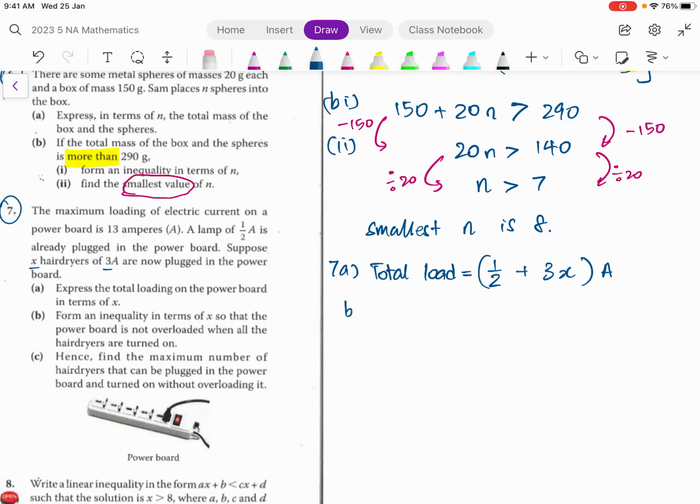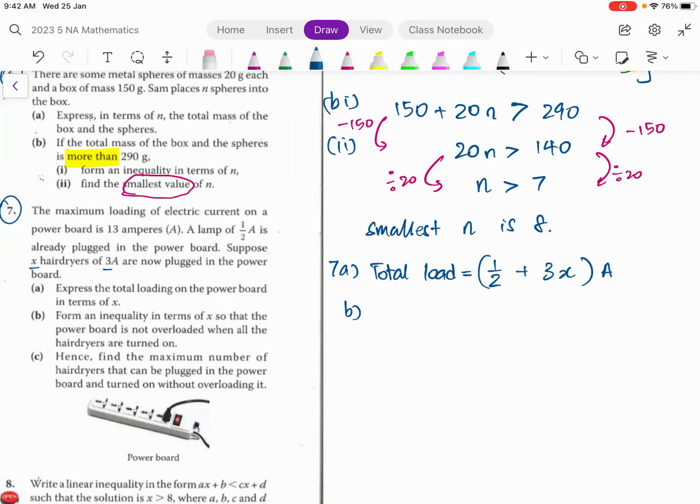Then part B, it says form an inequality so that the power board is not overloaded when all of them are turned on. So that it is not overloaded, that means the total must be less than, wrong. No. The total must be not just 13.